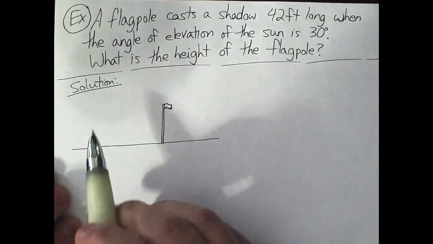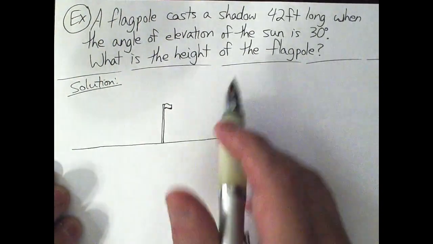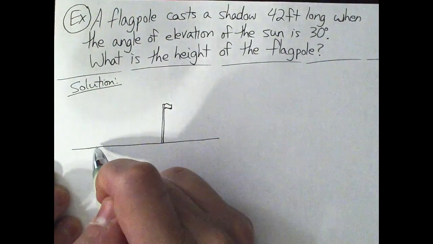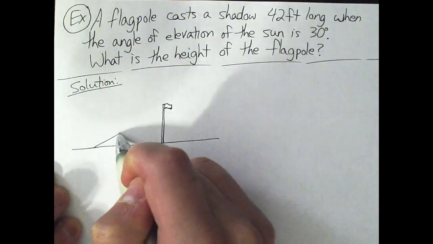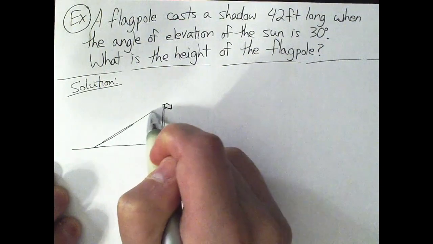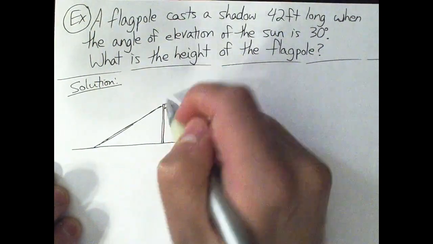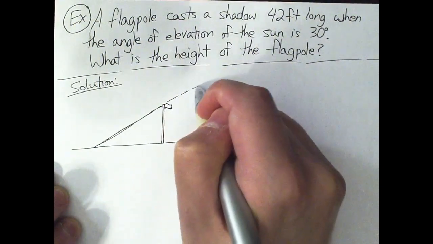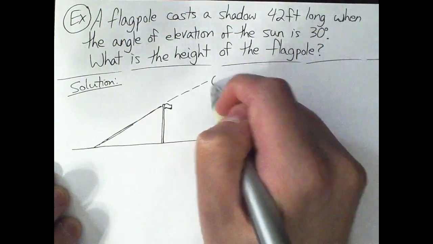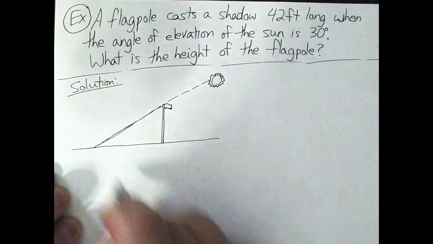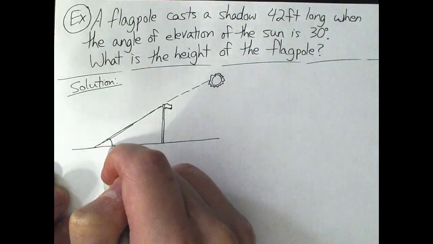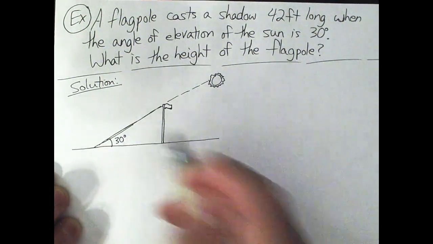And what's happening with the angle of elevation of the sun is that there's an angle being formed here with the top of the flagpole. And the sun is in this direction. And this angle is 30 degrees.